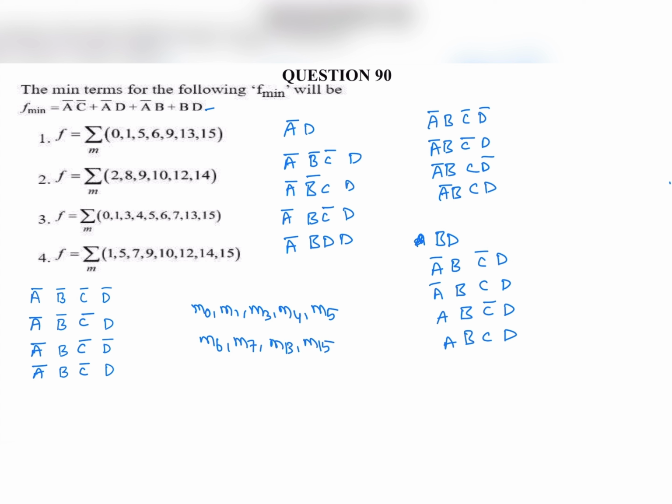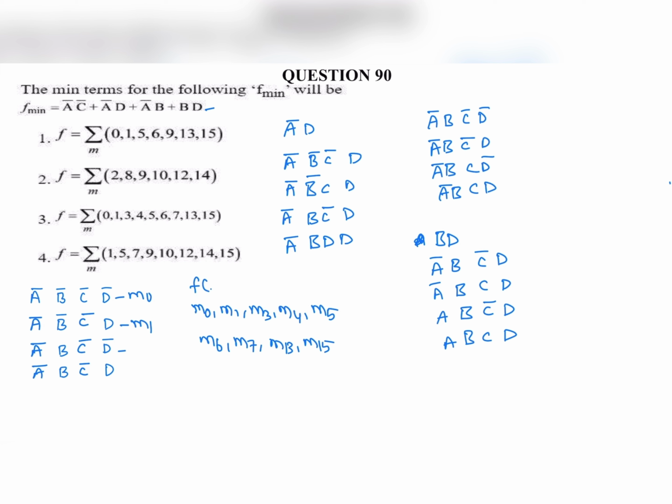A bar B bar C bar D bar is M0. A bar B bar C D is M1, A bar B C D bar is M3. Like that we need to write all the terms, and common terms are replaced with a single term, so that we get the final expression f of ABCD.